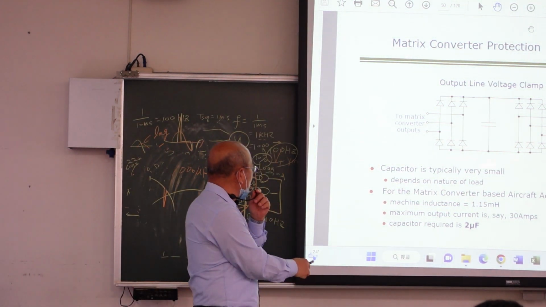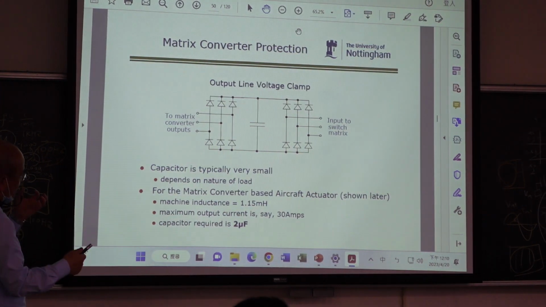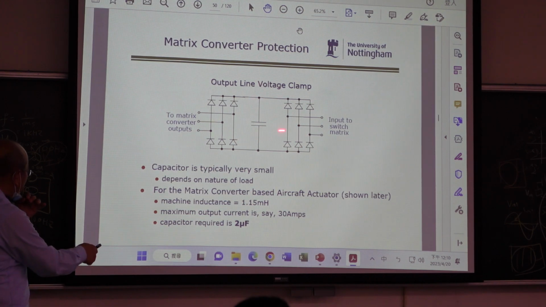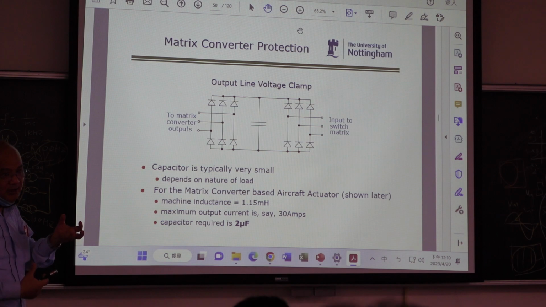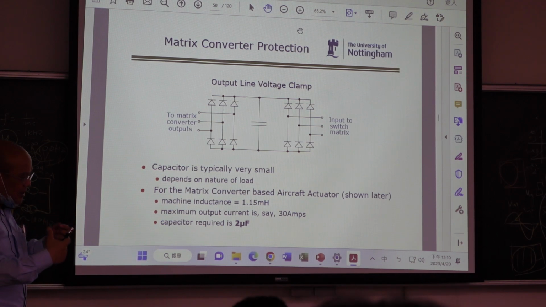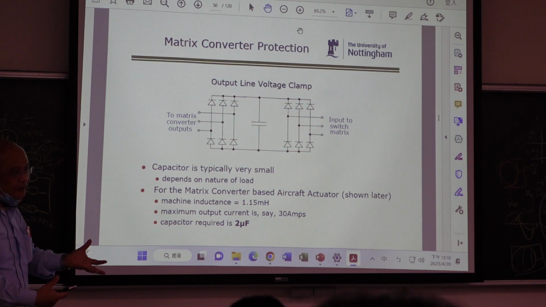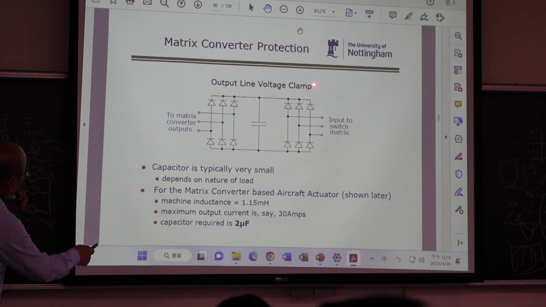So compared to this, it is very small. So what should you do? You have to design this circuit. If you have a spike, because you cannot protect otherwise, you can use a diode to make the spike come into the small capacitor. Then the capacitor can absorb the energy. Then you will be safe. So you have to design the, we call it snubber, but we do not call it snubber.